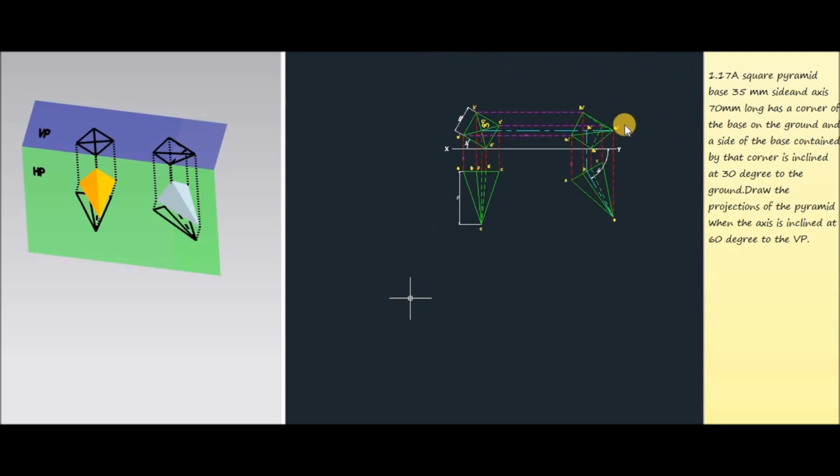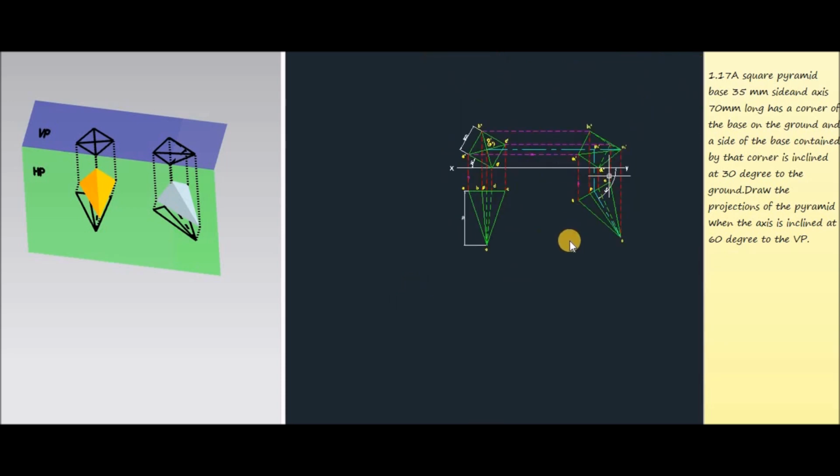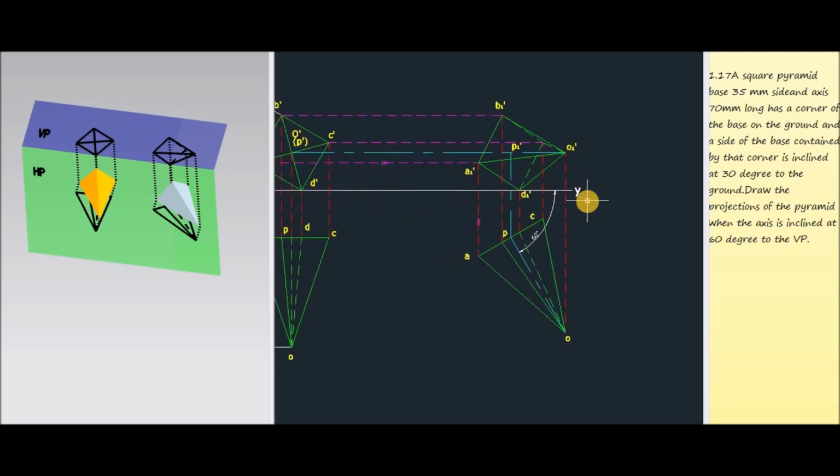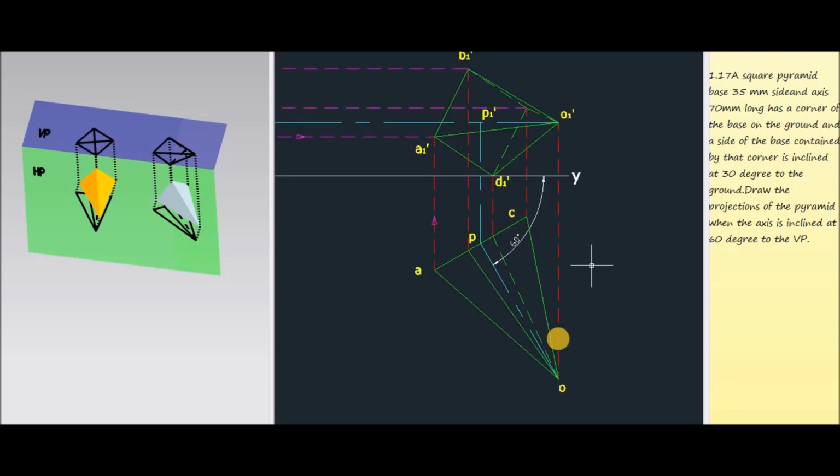Then in the second stage, it is given that the axis of the square pyramid makes 60 degrees with the vertical plane.